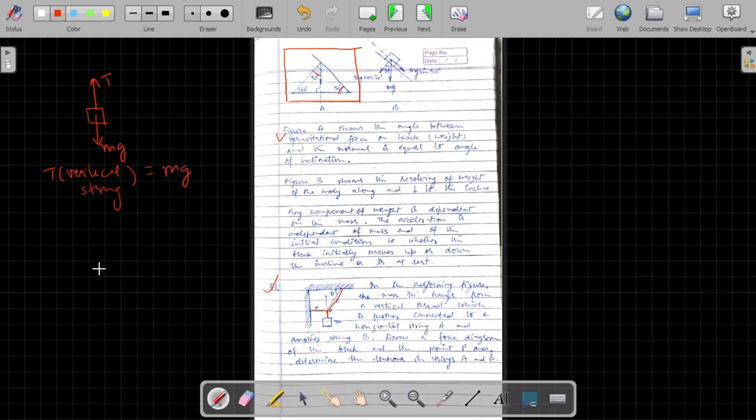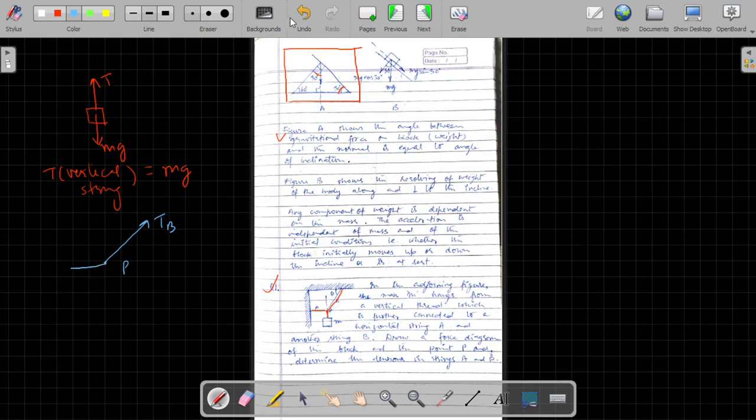For point P, if we were to draw the figure, now P is a massless point, because of which the net force acting on P should be 0. So the tension exerted by any string should be along the string. Due to B, it should be along B. Let's say this tension is TB.